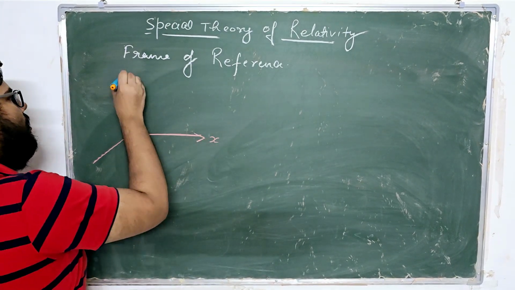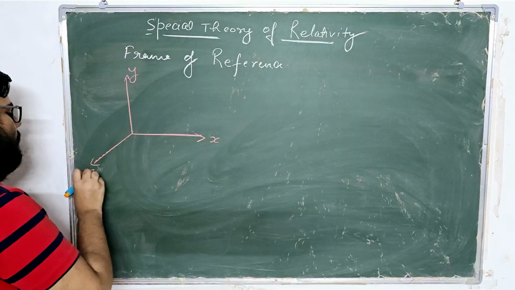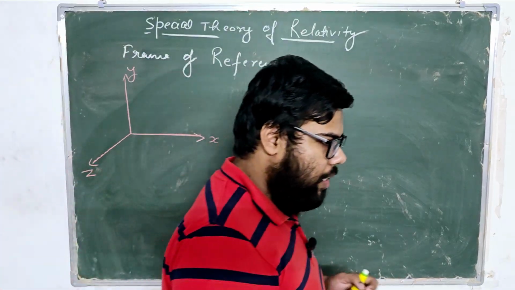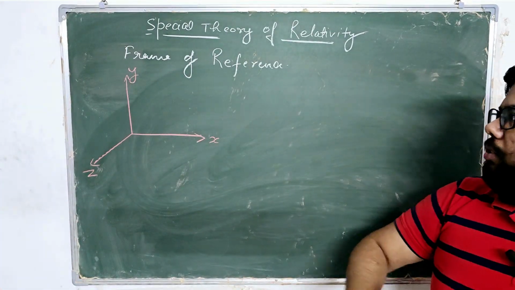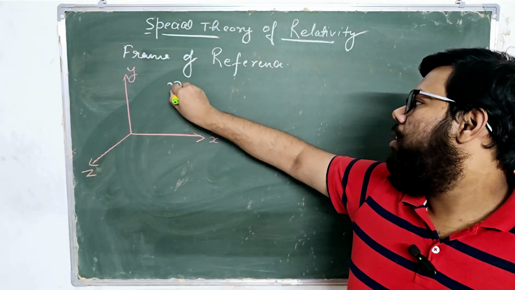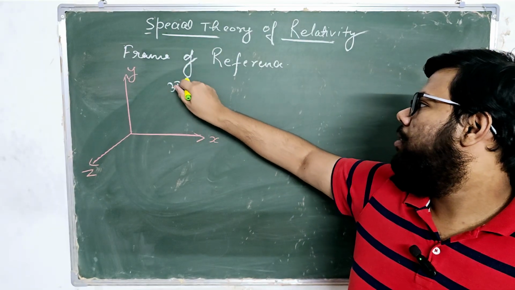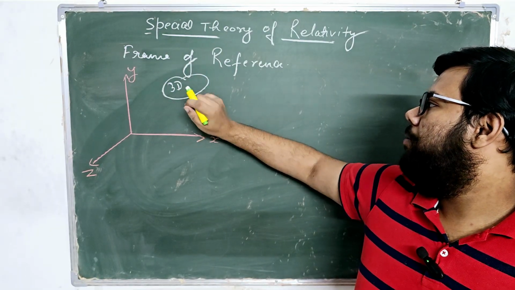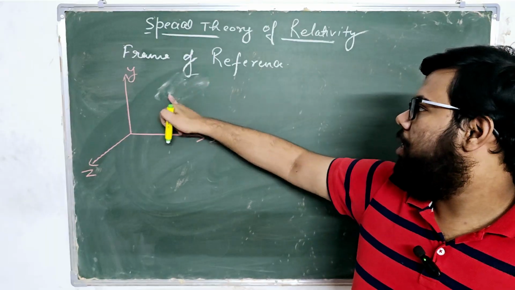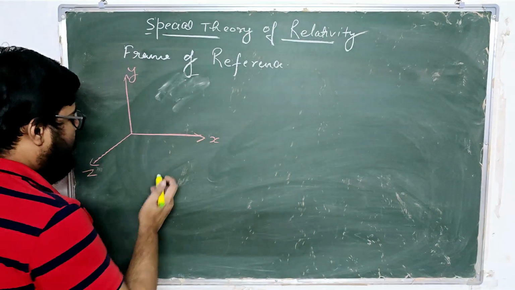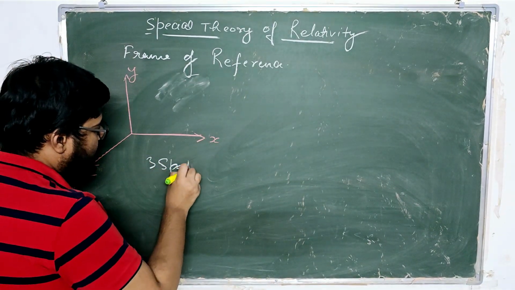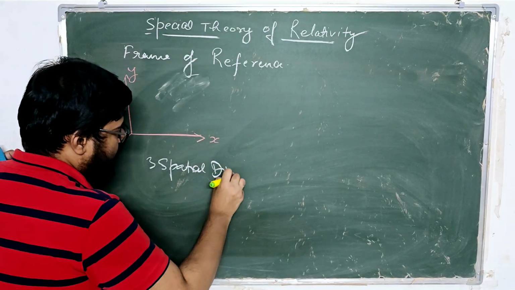This is x-axis, this is y-axis, and this is z-axis. Okay, right? So this is a three-dimensional coordinate system, with three spatial dimensions, meaning space dimensions.